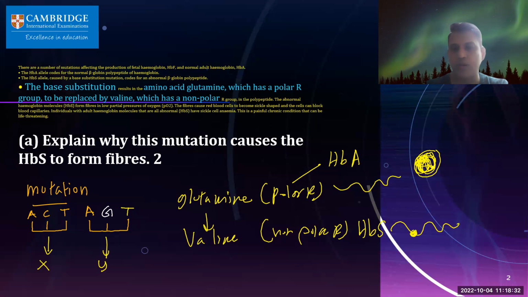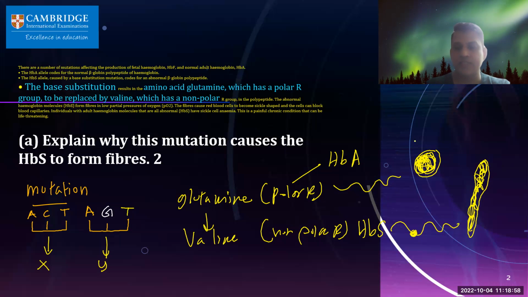So it is important to make proper bonds to decide the proper shape of the hemoglobin molecule. But when it is replaced with the nonpolar R group in the valine, it makes different bonds, so the structure shape is different, making a different shape of hemoglobin.